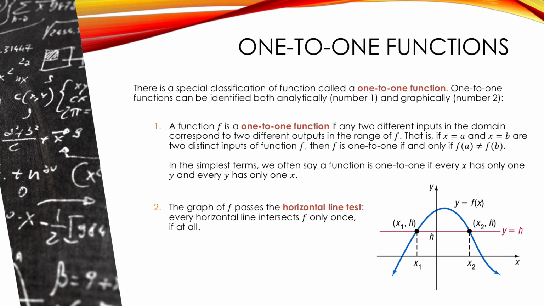Which means if I have x equals a and x equals b, two distinct values in the domain of f, then f is one-to-one if and only if their outputs are distinct, meaning f of a does not equal f of b. So in simplest terms, we often say that a function is one-to-one if every x has one y and every y has one x. And then graphically, a function is called one-to-one if it passes the horizontal line test. And we say that a function has an inverse if it is one-to-one.